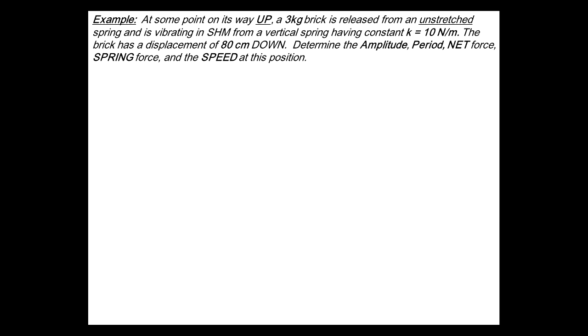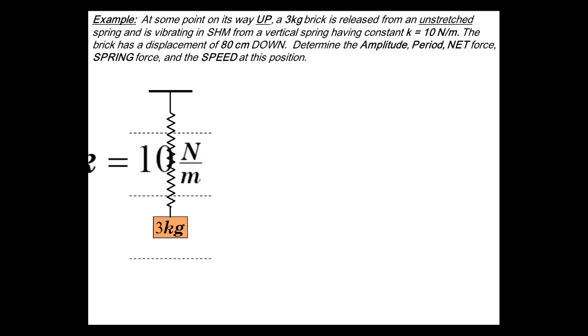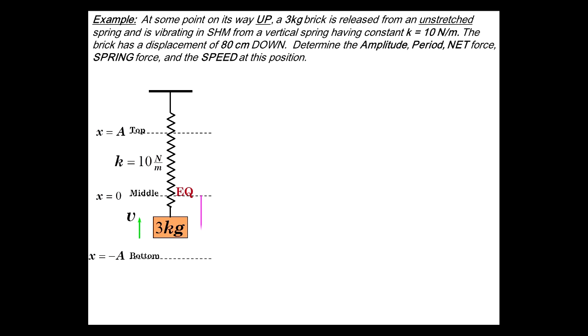So here's our vertical spring example problem. We have a 3 kilogram brick that's oscillating vertically, and we have it released from the unstretched spring, and it has a spring constant k of 10 newtons per meter.